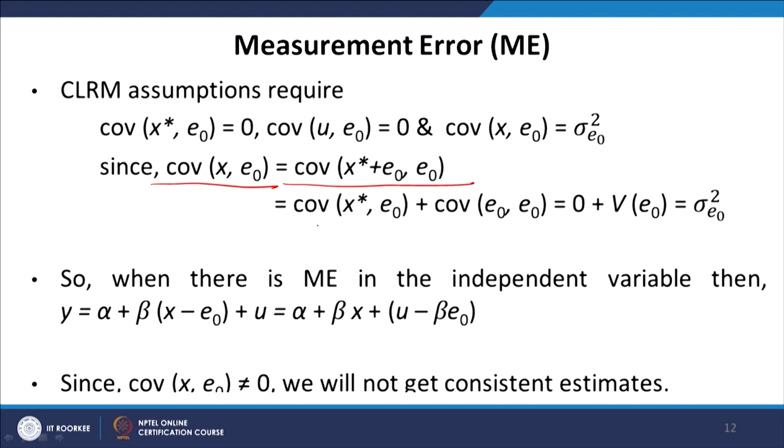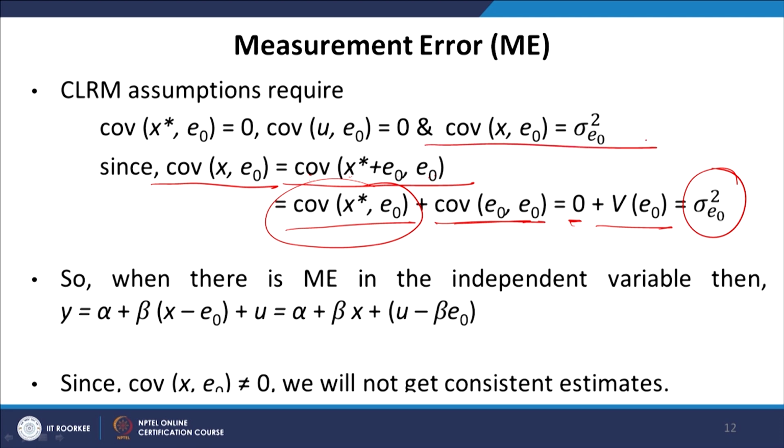Now, I expand it. We have covariance of x star and epsilon naught, plus covariance of epsilon naught and epsilon naught. Now, covariance of x star and epsilon naught is 0 and covariance of epsilon naught with itself is actually variance of epsilon naught, if we denote it by sigma square epsilon naught. So, that is how we have covariance of x and epsilon naught equal to sigma square epsilon naught.